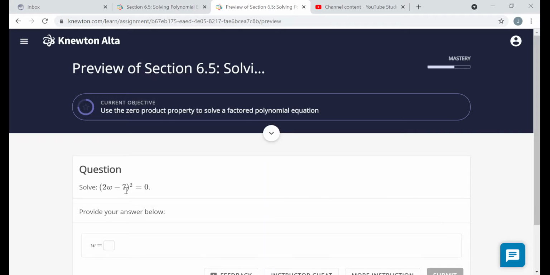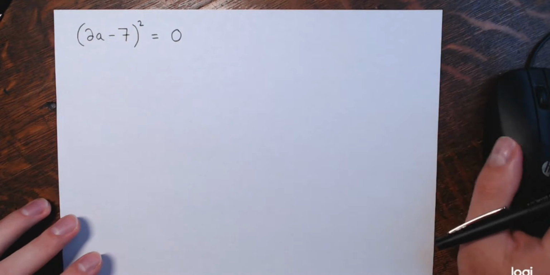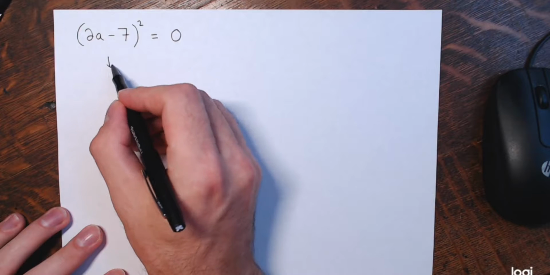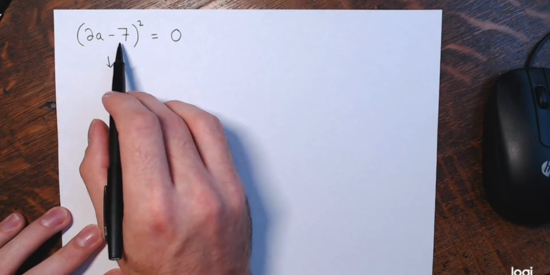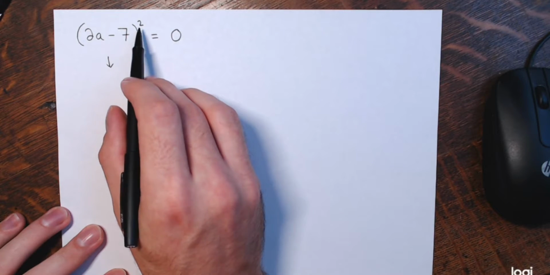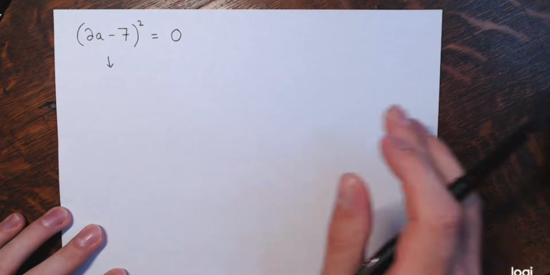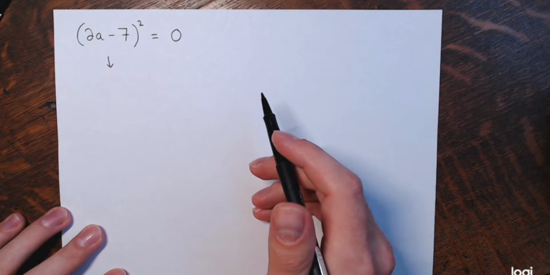All right, so this one I'll actually write out because I've seen too many people get confused by this. It's the same thing where the left side is already a factored polynomial. This one's actually completely factored, and 0 on the other side. You just have to remember here that 2a minus 7 to the second power, raising to a power just means multiply by the same thing multiple times.